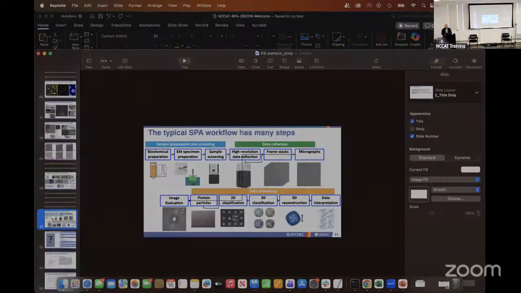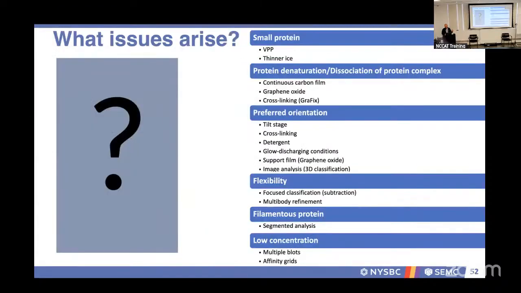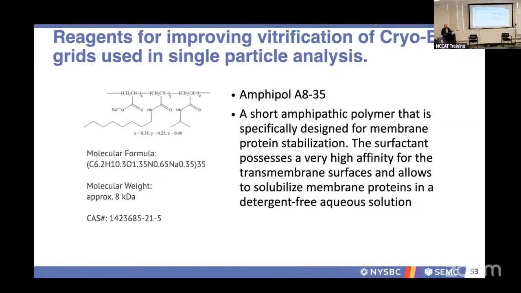Okay. So I'll skip this just to highlight that you'll have these slides. There's a lot in terms of the steps of the workflow. I also have different slides on if you have particular issues, what particular avenues one might try, let's say preferred orientation or flexibility. A common question would be, what's your favorite buffer? What's your favorite additive? Just like in other structural sciences like X-ray crystallography, there are kits that you can buy commercially as additives.